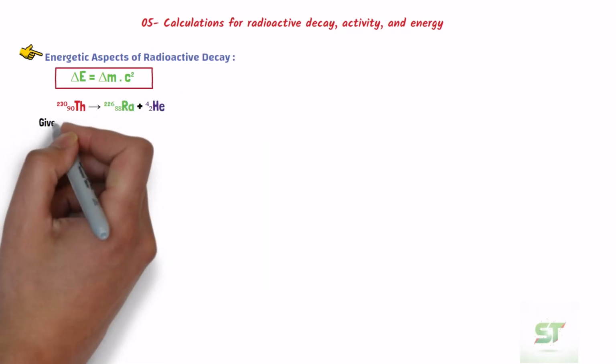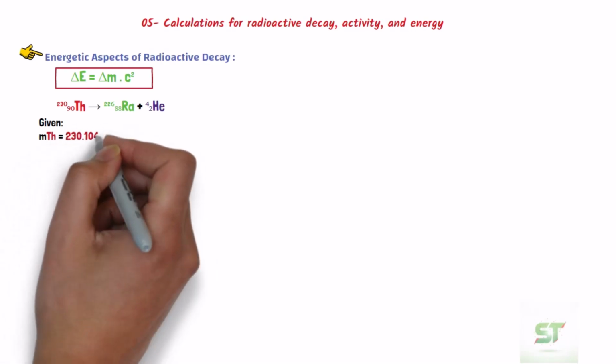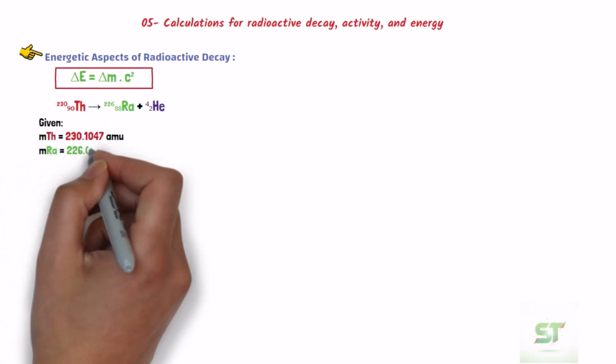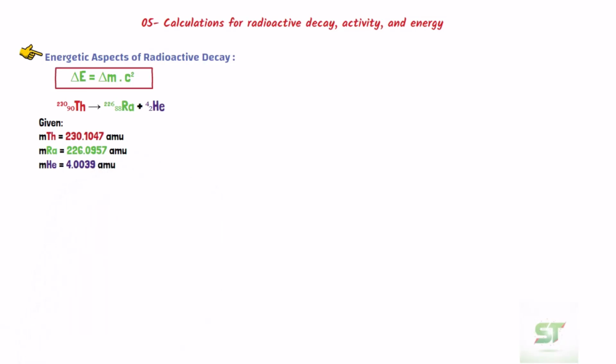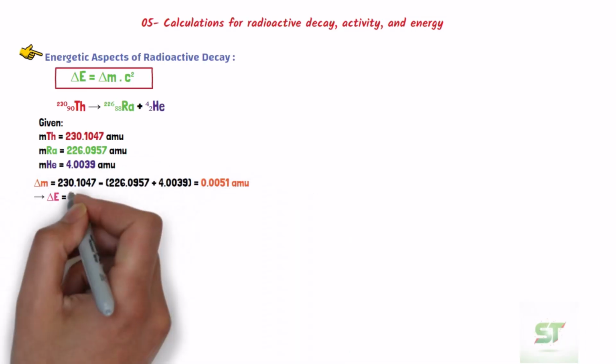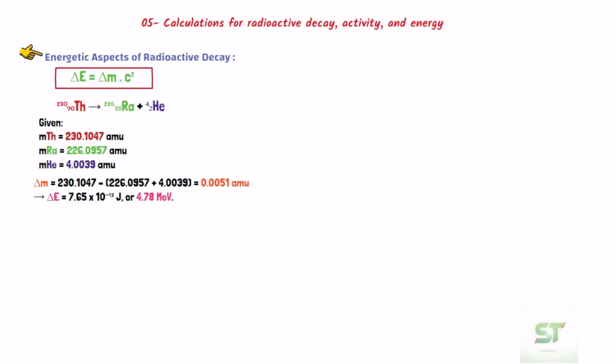And we have the mass of thorium, the mass of radium, and the mass of the helium particle. Delta M will give an energy of 4.78 megaelectronvolts. This energy corresponds to the kinetic energy of the emitted particles and radiations.